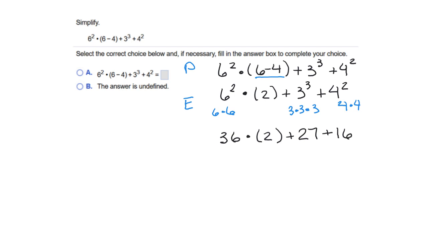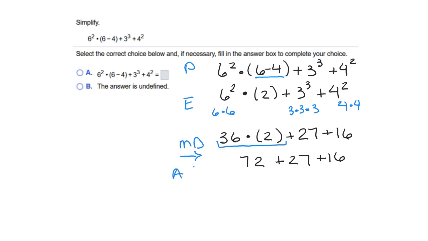Your next step is to multiply or divide from left to right. So we do have this multiplication to take care of, this 36 times 2. When we multiply that, we will get 72 plus 27 plus 16.